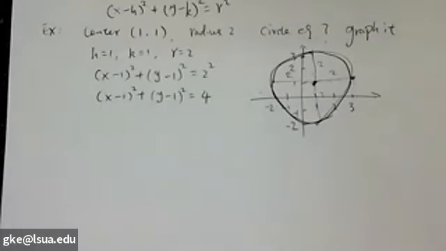Okay, so basically I plot the center point, then I move 2 units, 2 units all the way around. Yeah. Do you know how to draw the circle? Yes, sir. A center, a radius, and it goes around this center. Okay. That's it.